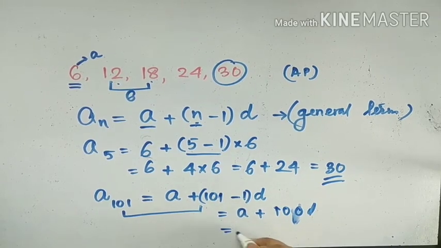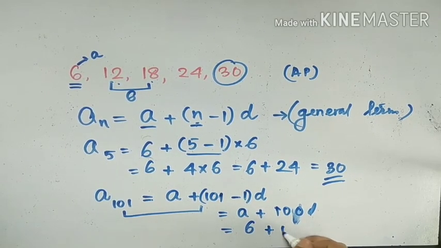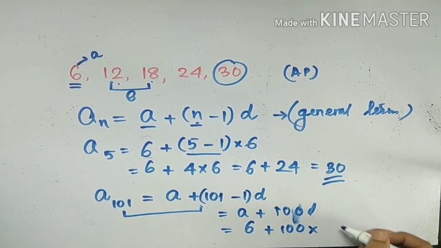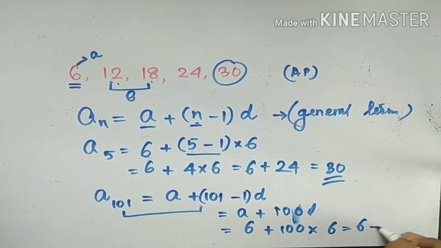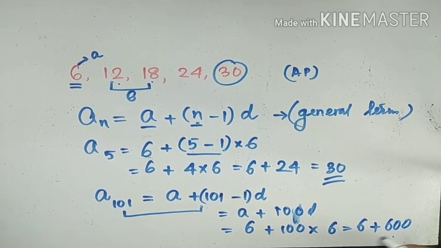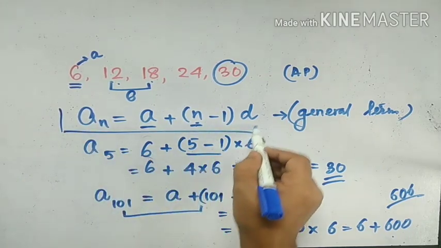So it will be A, which is 6, plus 100 into D, and the value of D here is 6, that means 6 plus 600, so the value will be 606. So we can find any term using this formula.